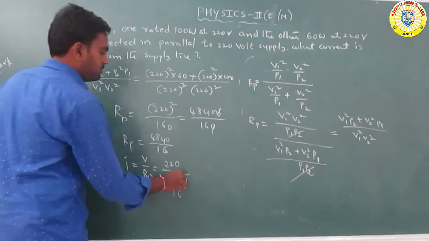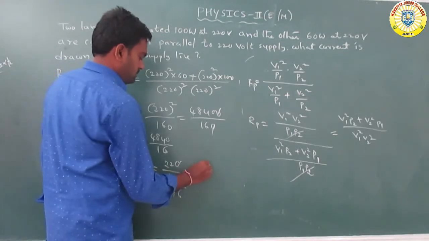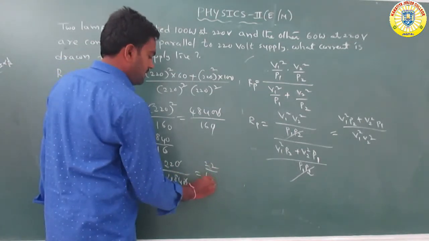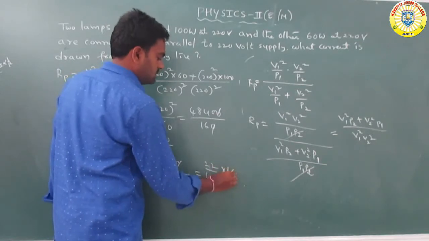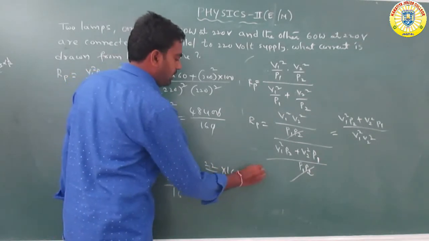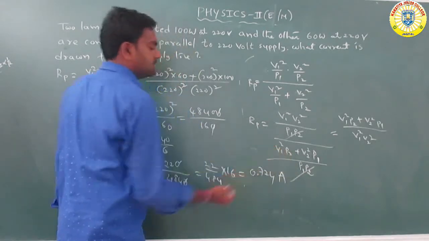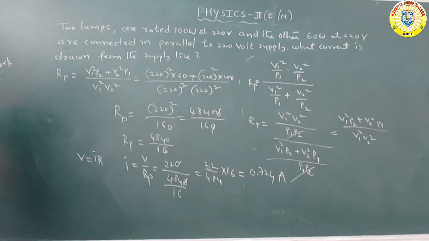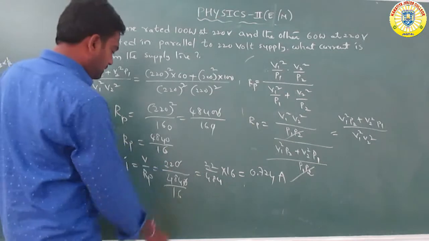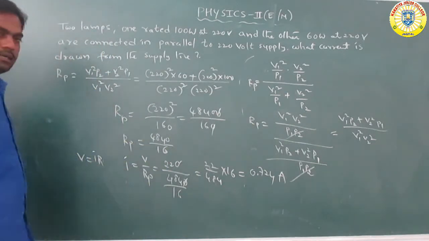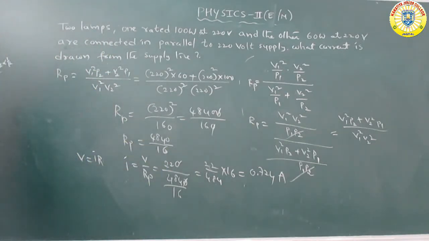So I is equal to 220 into 16 by 484, which is 0.724 amperes. That is the current drawn from the circuit.